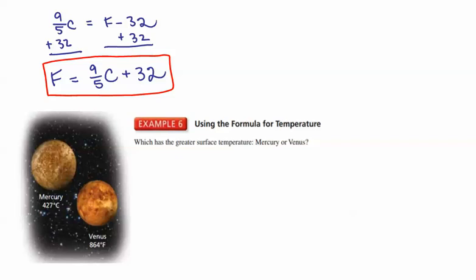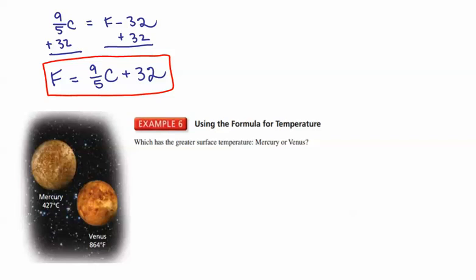this example number 6. Here we're given that Mercury's temperature is 427 degrees Celsius and that Venus's temperature is 864 Fahrenheit. And we want to know which one has the greater surface temperature, Mercury or Venus. I'm probably going to go out on a limb here and say that the one closer to the sun should be hotter. And so that's probably going to be Mercury.